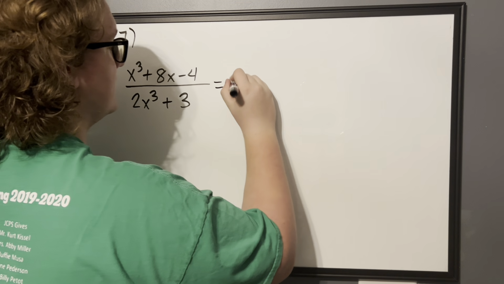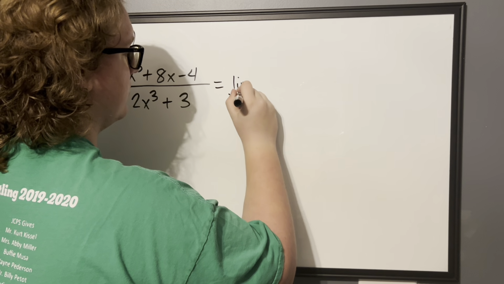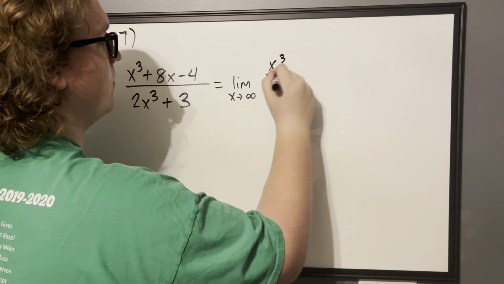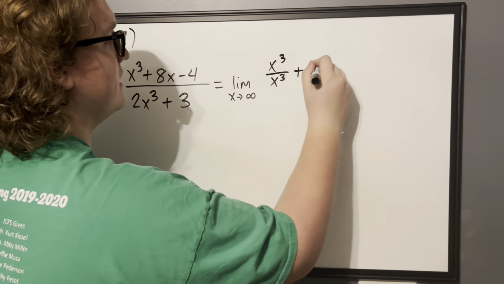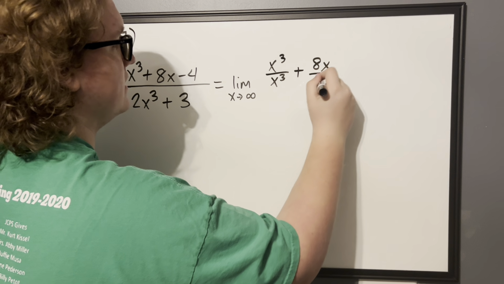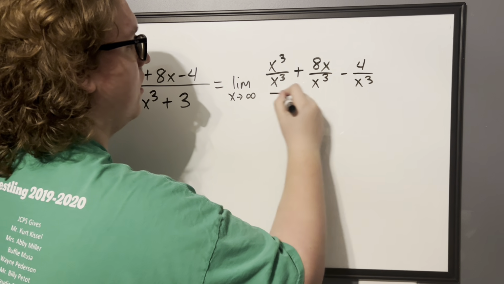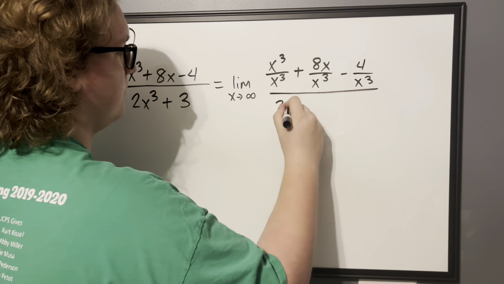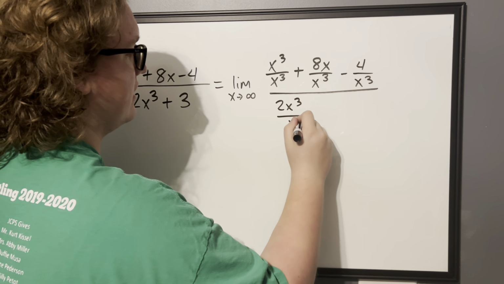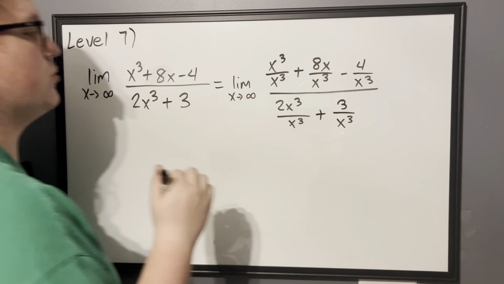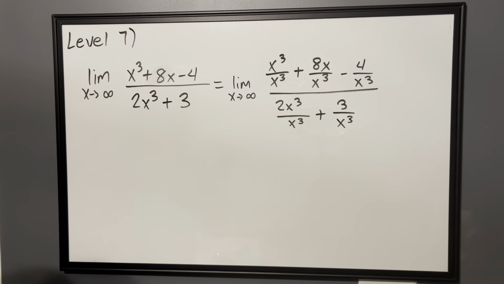So this is the same thing as the limit as x goes to infinity of x cubed over x cubed plus 8x over x cubed minus 4 over x cubed, all over 2x cubed over x cubed plus 3 over x cubed. So now we want to do a lot of simplifying here.